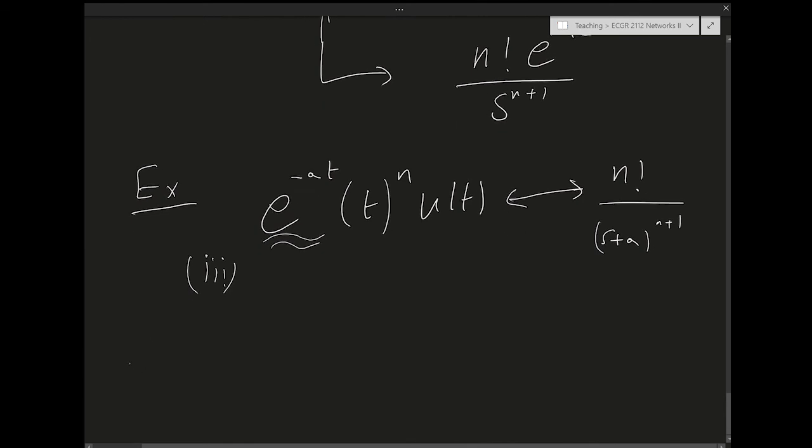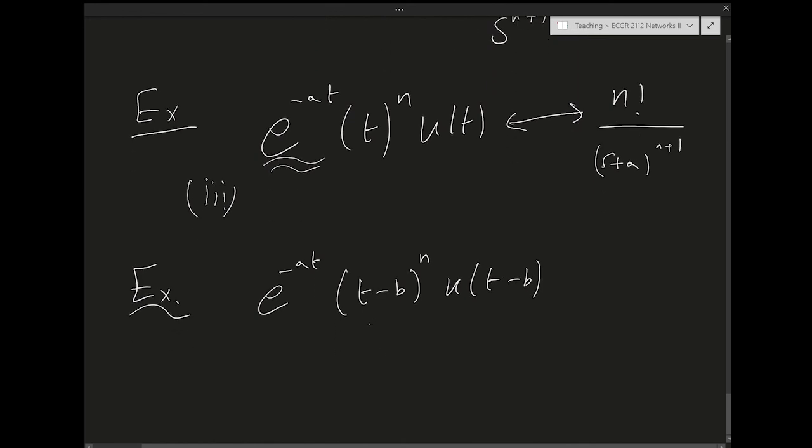Okay, an interesting example. What if I have e^(-at) times (t minus b)^n u of (t minus b)? What would this transform to? Well, first let's ignore this e^(-at), which represents translation in the s domain.